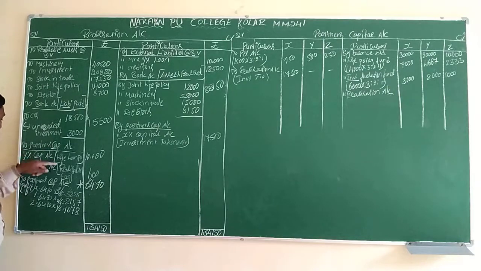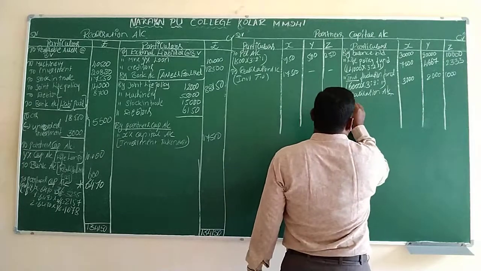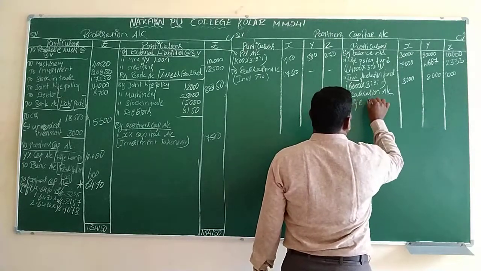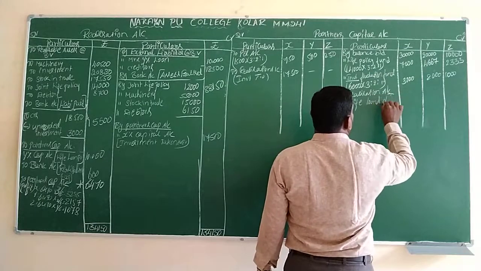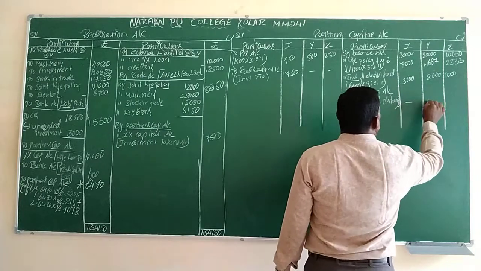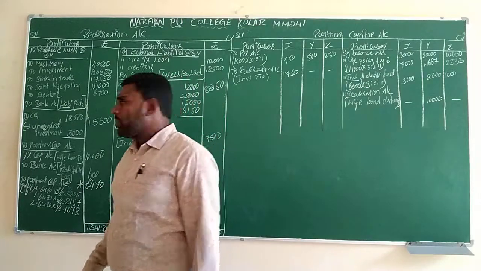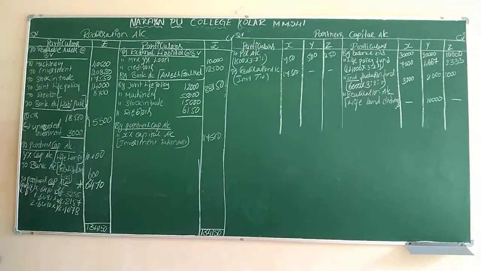Whose capital? Wife's capital account, wife loan. That will come to the credit side. So wife loan discharge 10,000 for step 1. So step number 5 and 6 is completed. Step number 7, bank account, identical. Step number 8, to partners capital account, profit. So already we distributed here that the debit side we get the difference, that is right, we have to transfer to credit side.